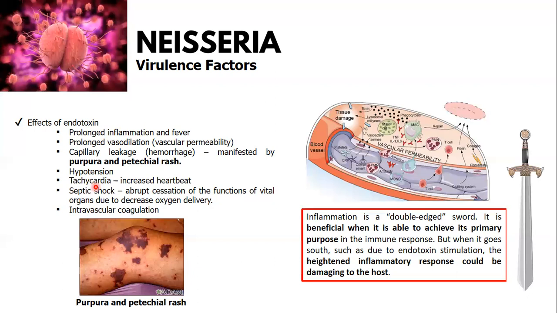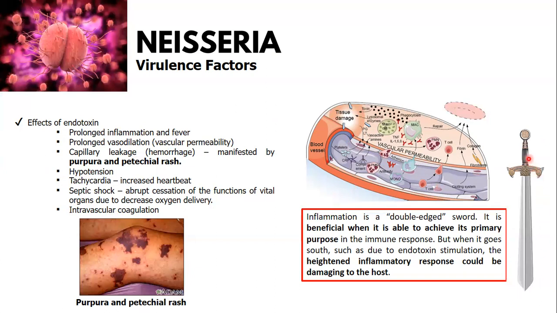And that is what we call septic shock. And because there is prolonged vascular permeability, there would also be intravascular coagulation. So these are the effects of endotoxin stimulation by macrophages. So take note that inflammation is a double-edged sword.